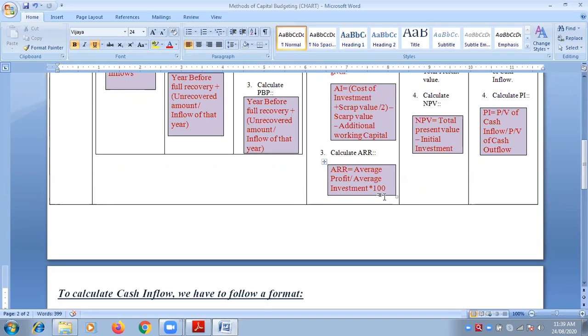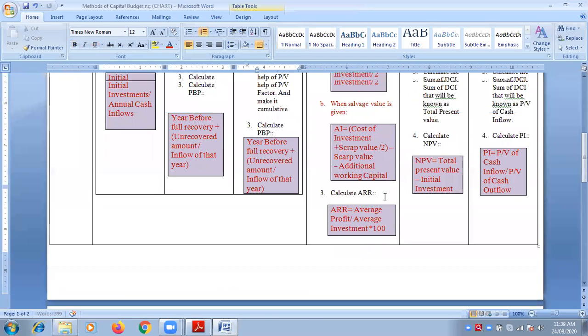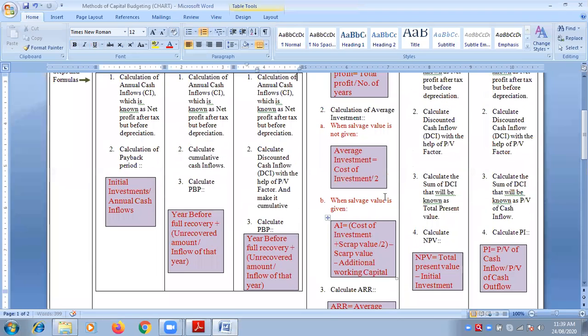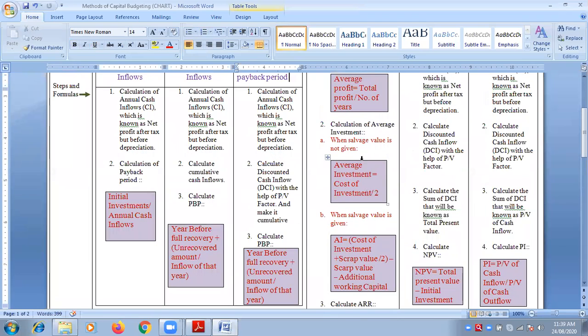Okay. But most of all, the formula which is used in the question is the first one. Average investment is equals to cost of investment upon 2. Because mostly the questions are there where we don't have salvage value. Mostly. I'm saying mostly. I'm not saying every question will be like that.